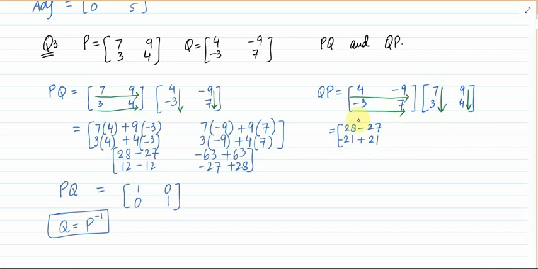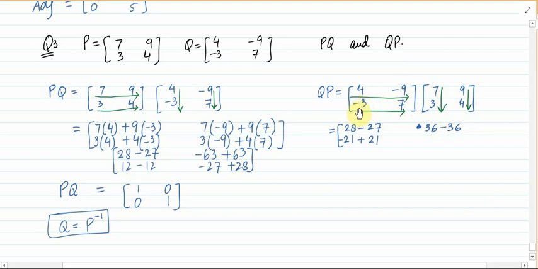Now I am going to multiply 4 on the tail side with the tail side. So 4 multiplies with 9, 4 9s are 36. And then negative 9 multiplies with 4, head with the head, so it will be negative 36.